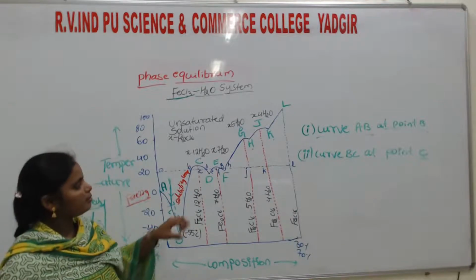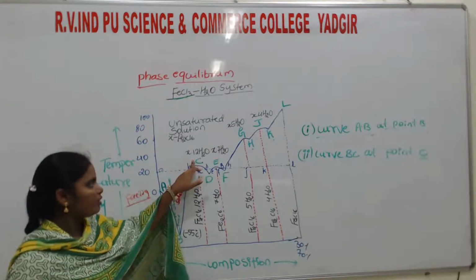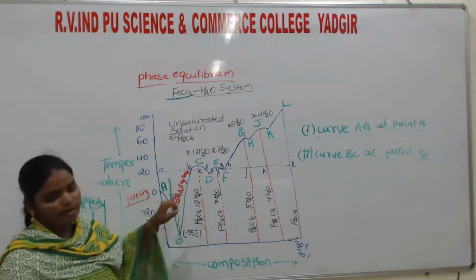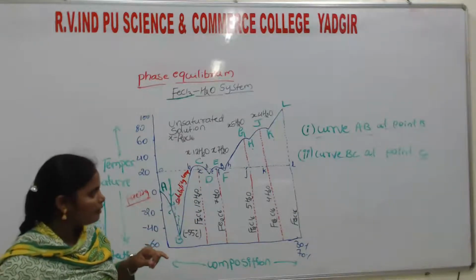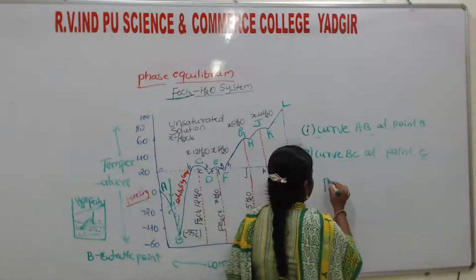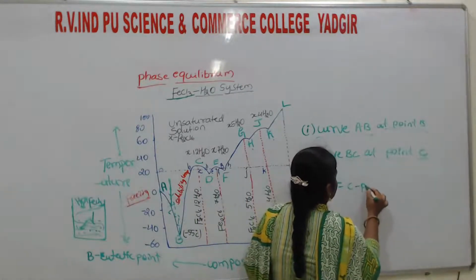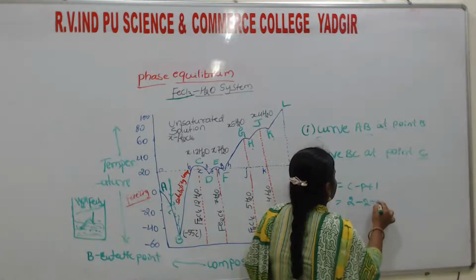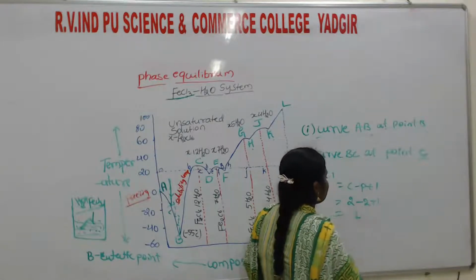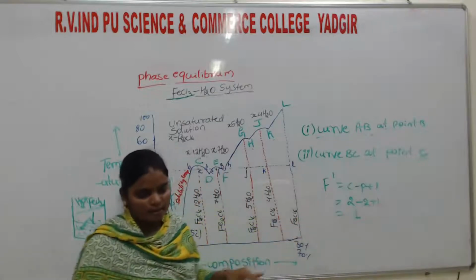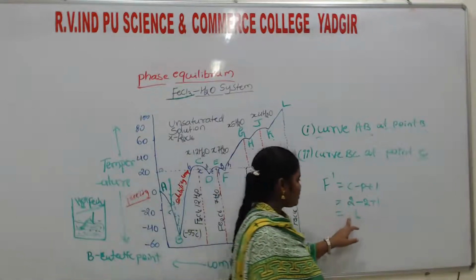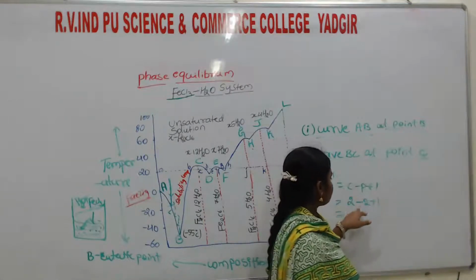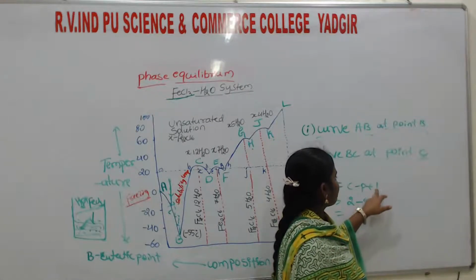Here there are two phases present, one is solid and one is liquid. Apply the reduced phase rule. Here F dash equals C minus P plus 1. Here two components minus 2 plus 1. This is univariate. Here it is a two component system, and on this curve two phases, plus 1.